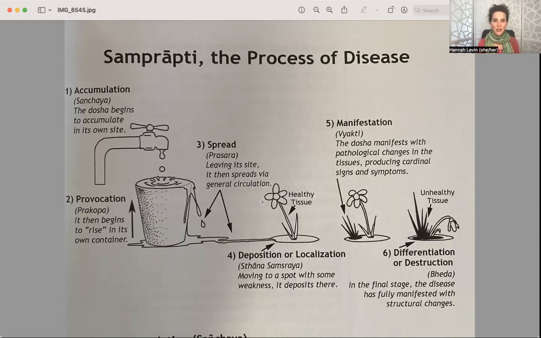So it's kind of the trickster that moves around a lot. It wreaks havoc throughout the body. It starts to change the dhatu agnis as it goes into other places in the deposition and localization, the sthana samshraya. Then the fifth stage is vyakti, or manifestation.